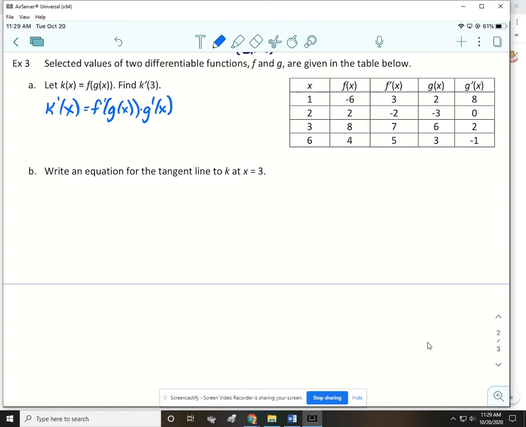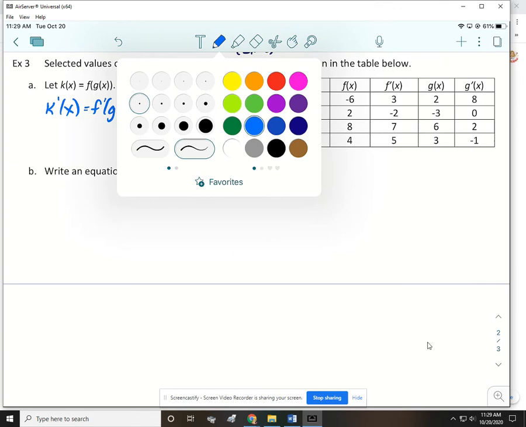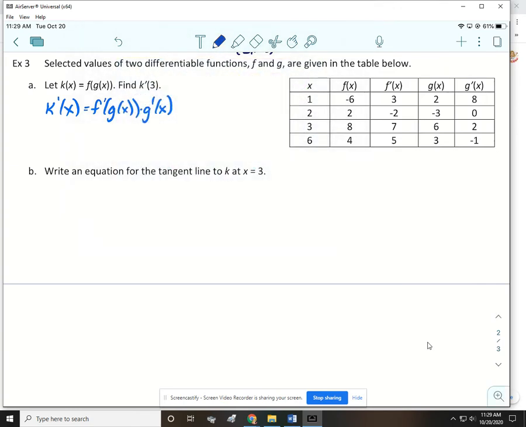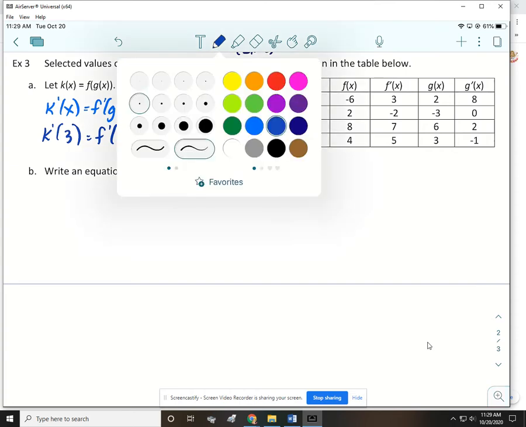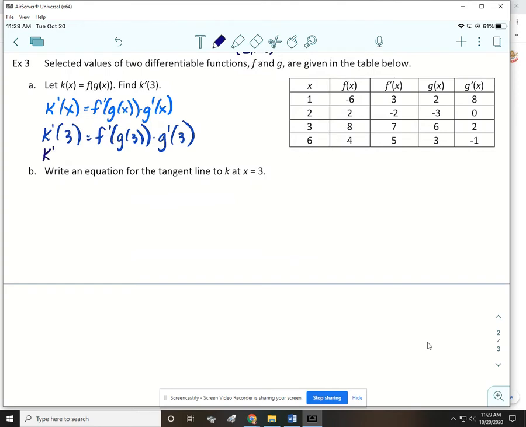All right, and then we'll go back and we will put 3 in for x. All right, and then all these things we can get from our table. So k prime of 3, we're doing f prime of g of 3.